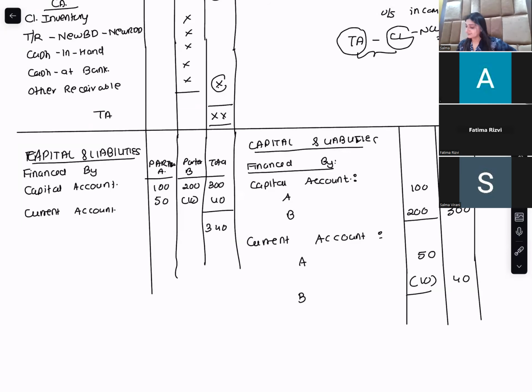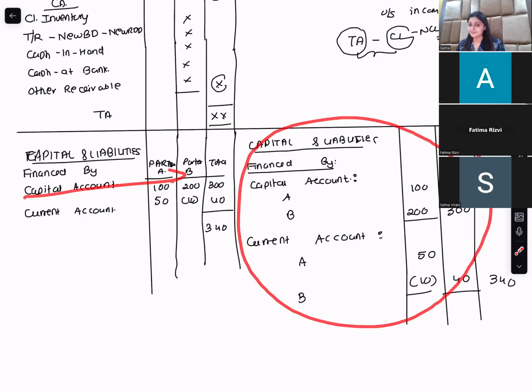So this becomes 40. This way is much easier, and 340. So you have two options to write it. Your main purpose is that the figure outside should be this. So either you can do like this or you can do like this.